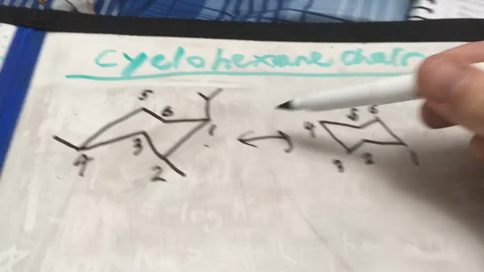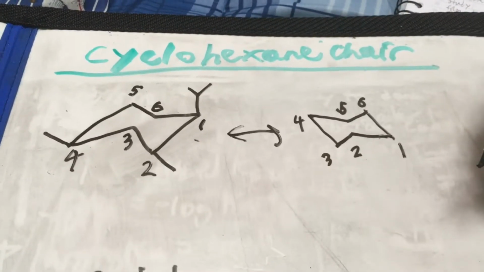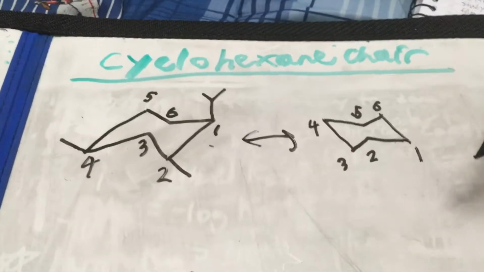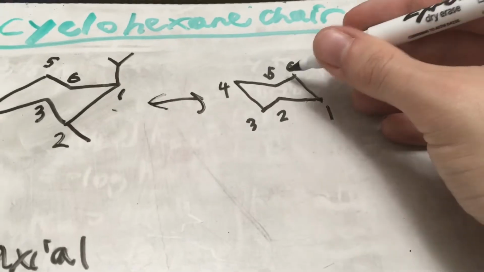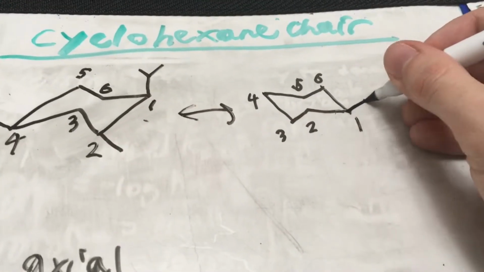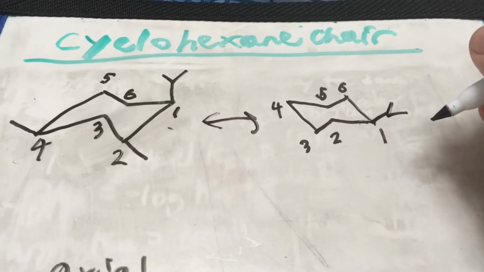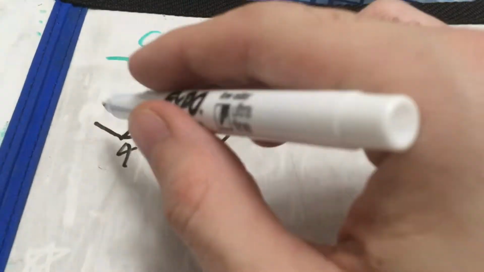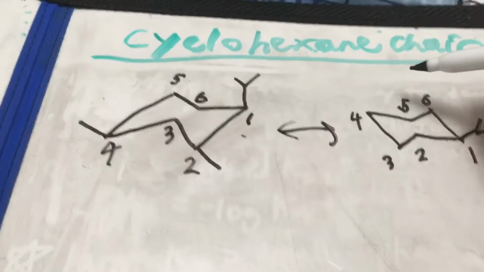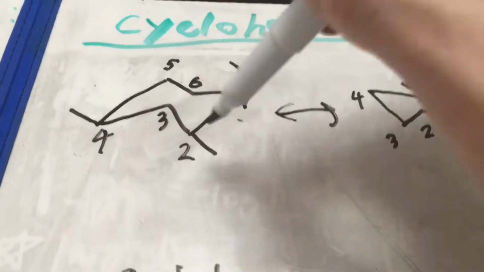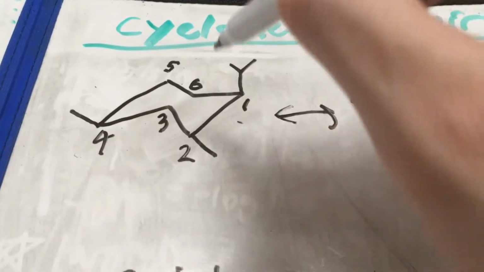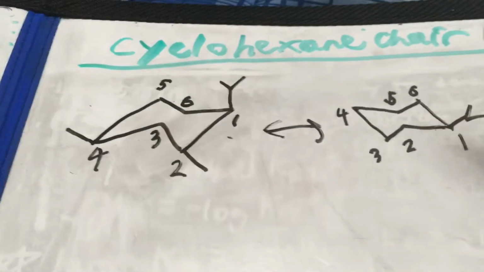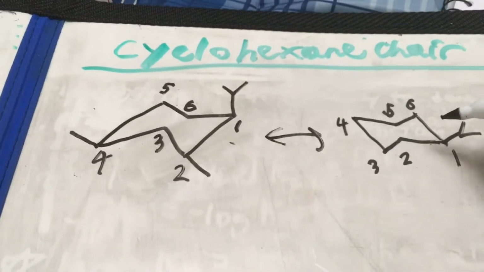All right, so isopropyl was axial up. Now it's equatorial. Which direction? Up. And when you draw equatorial, you want to stay parallel to this other one right there. What's the other one? It's on 4. All right, so you keep that one on carbon... no, the next one is on carbon 2. This is why you number them, so that the branches stay on the exact carbons that they were and you don't make a mess.